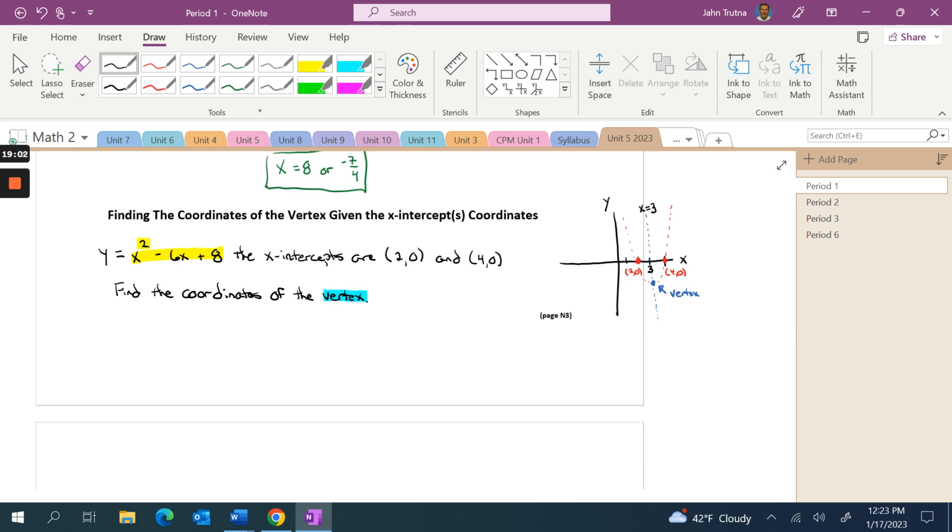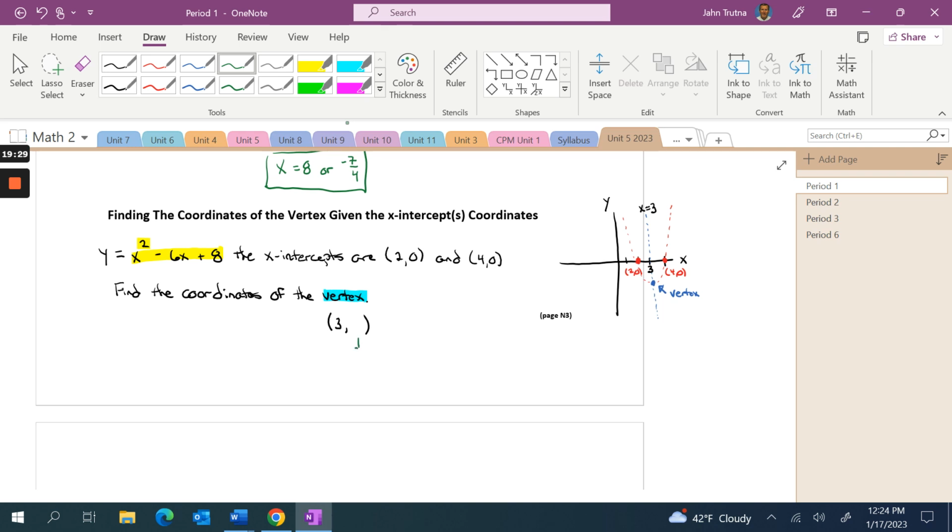And the reason is that +3 is exactly halfway between 2 and 4, which are the x-intercepts right here. So what that tells me is that my vertex coordinates, the x value has to be 3, okay? And we know that because the vertex always lies on the line of symmetry.